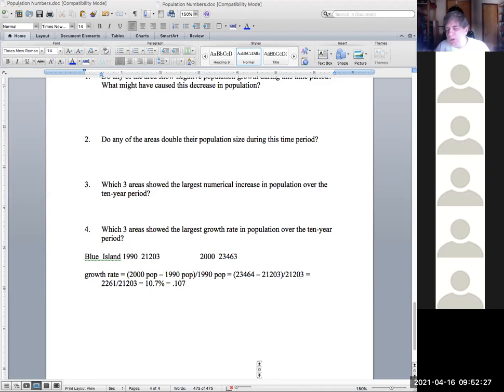Now, notice with our earlier problems with the human population, we've been talking about how much the population grows over a year. But here we're talking about between 1990 and 2000, so we're going to say per 10 years, or if you'd rather, per decade. Notice a 10% increase, so that's pretty fast.